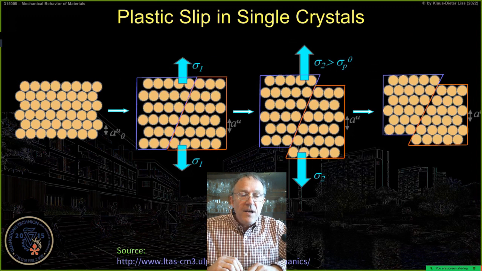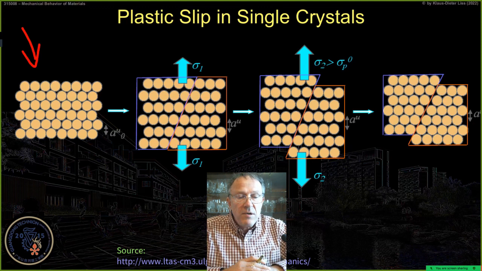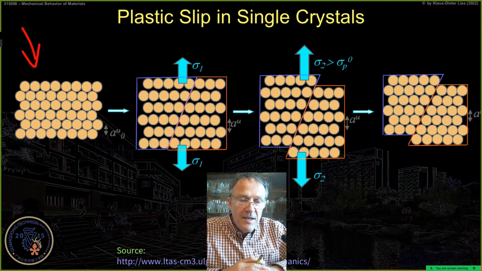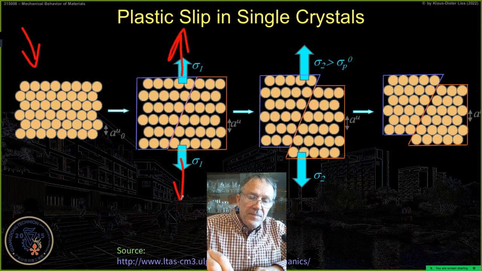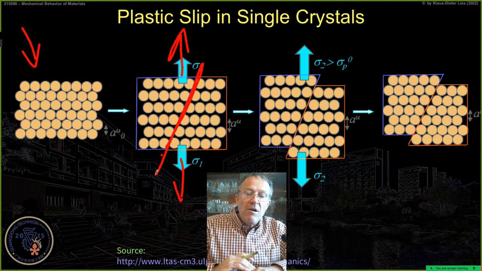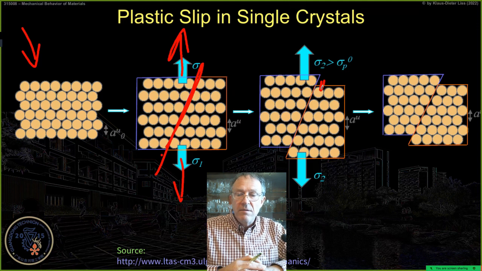So how do we understand plastic slip in single crystals? We start with a crystal lattice. Let's take one grain here, one perfect grain, no defects inside, and we see these lattice planes. Now we can apply a force and cut the crystal virtually along this lattice plane, and then displace this lattice plane by one lattice parameter down, by one translation vector down.